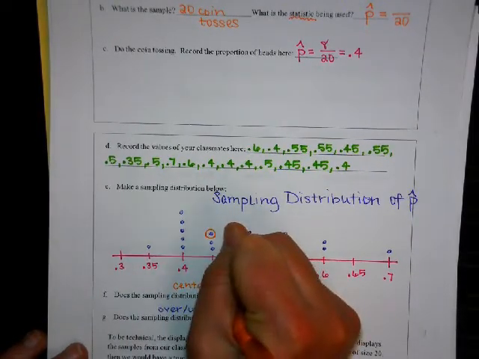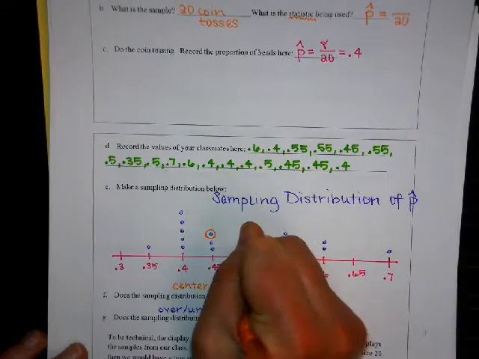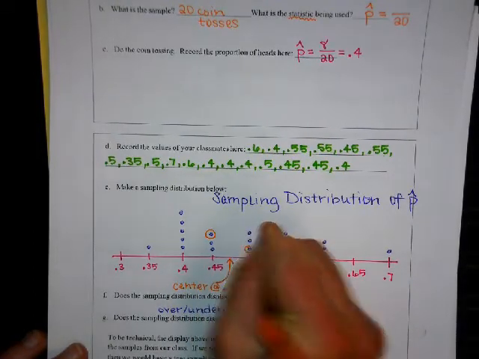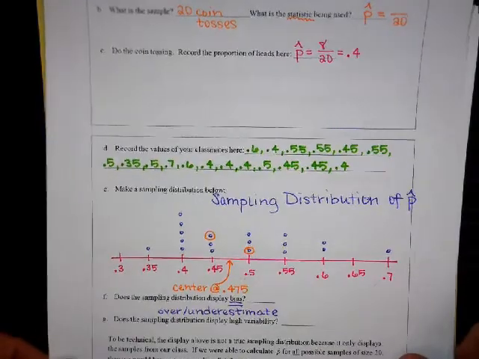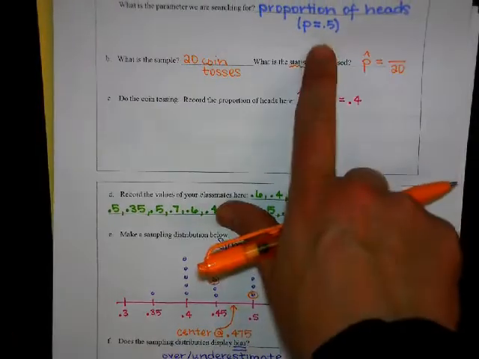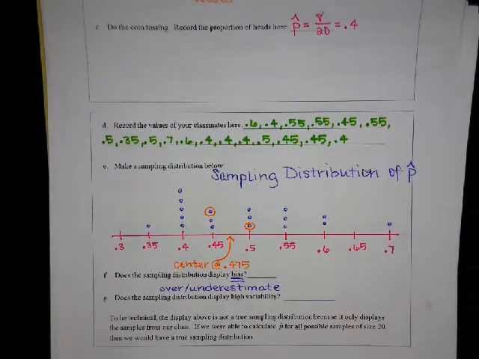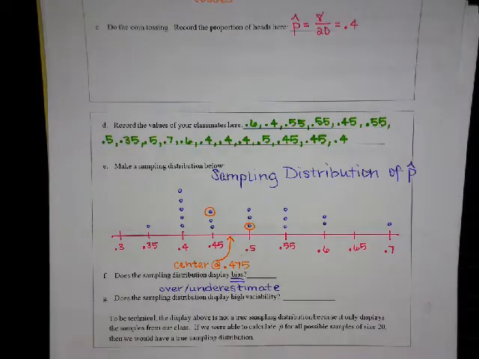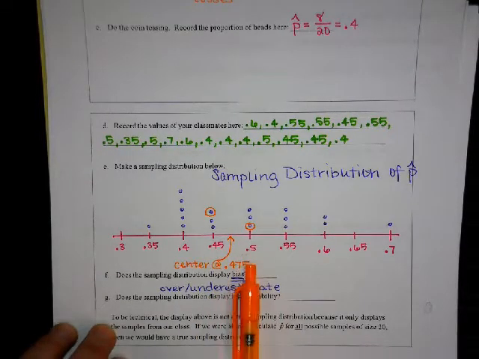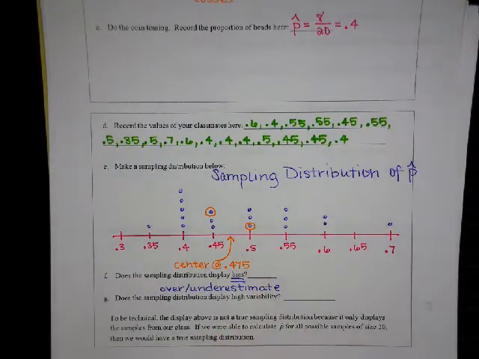So, knowing that the parameter we were trying to estimate is 0.5, and our sampling distribution puts the center at 0.475, we would say that our sampling distribution has low bias, because we do underestimate, but we're really, really close to the actual parameter, so the bias is low.